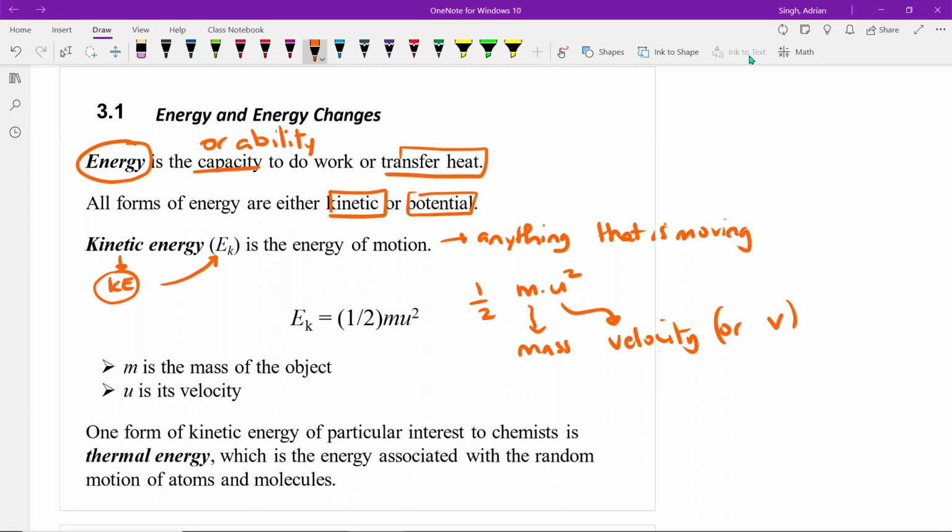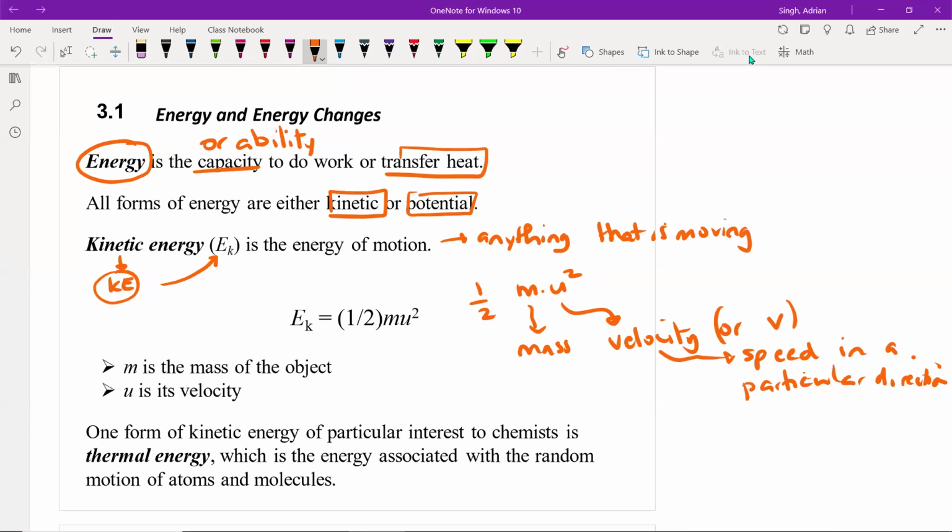You can think of velocity as the speed of something in a particular direction. If you get into physics, you'll talk about vectors and all that stuff. So a half mv squared or a half mu squared would be the formula for kinetic energy.